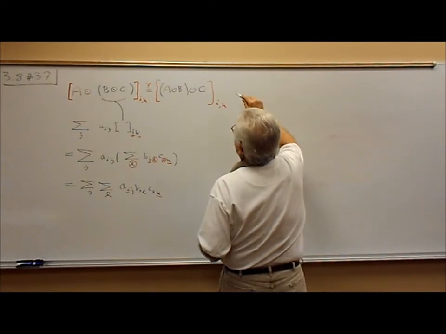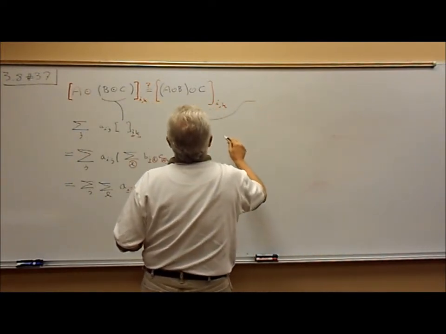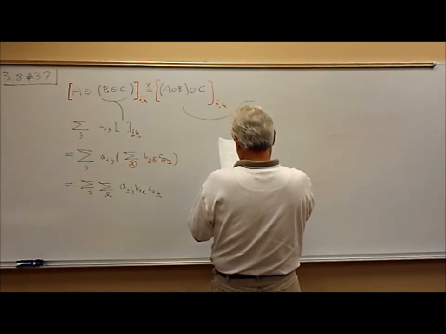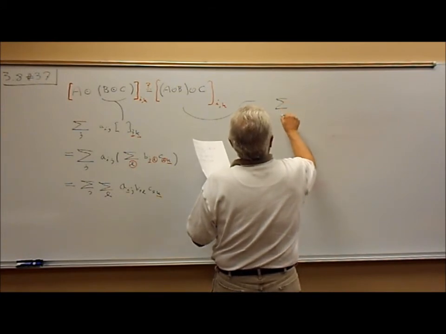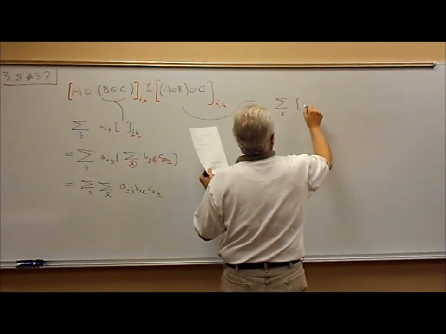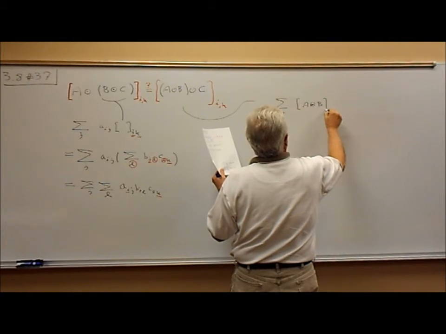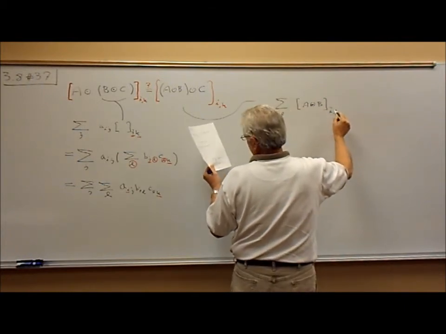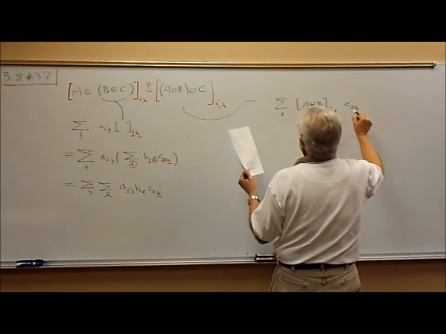So we're going to calculate this over here, and I'm going to make that the sum over L of some entry of the product AB, and that'll be the I-L entry times C-L-K.